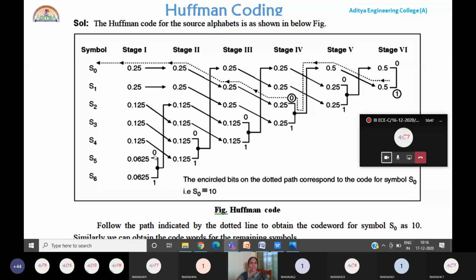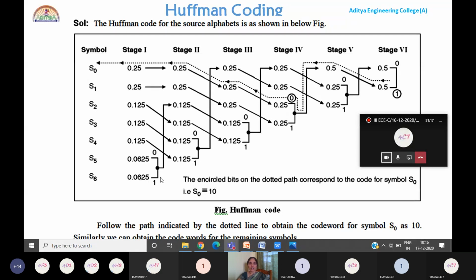So what we'll do here is the last two terms are combined. In the case of Shannon-Fano coding, we partition into two subsets, but here the last two terms are combined because m is given as 2. If you combine 0.0625 and 0.0625, you will get 0.125.